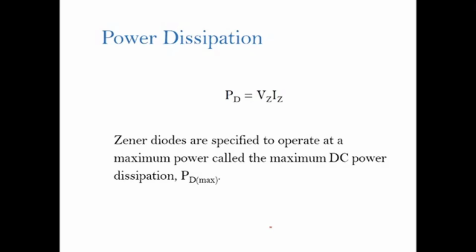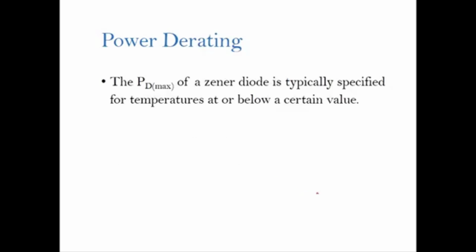So we need to limit the maximum current here, and the maximum current relates to the maximum power dissipation, PD max. Usually PD max is also equal to Vz times Iz max. So PD max relates to Iz max, the maximum current across the diode.